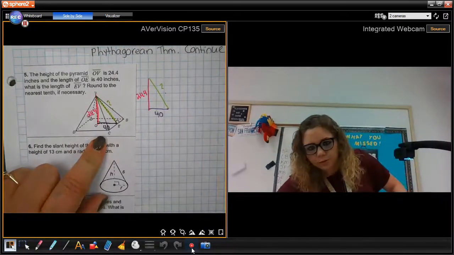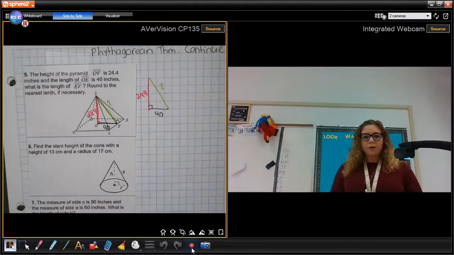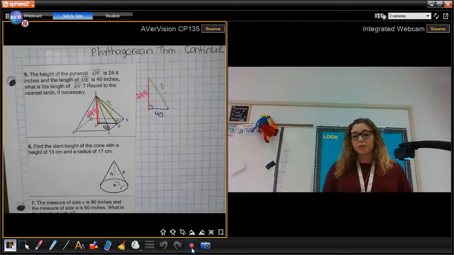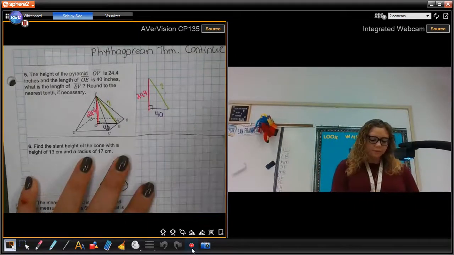Just threw my pencil. And then this is a right angle. So now this is looking like the ones you did last week, and you're just going to solve it the same way.